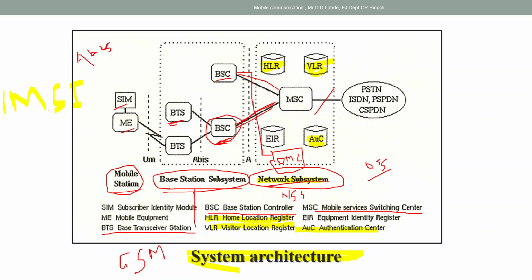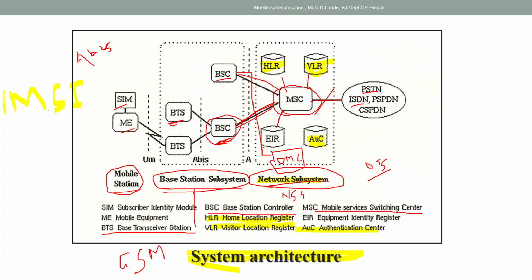Your MSC is connected to outside networks like ISDN and PSTN, which is your landline network, and then the international network. The MSC, the mobile switching center, is the heart of your GSM system architecture. Your MSC is connected to your HLR, VLR and EIR, the equipment identification register.